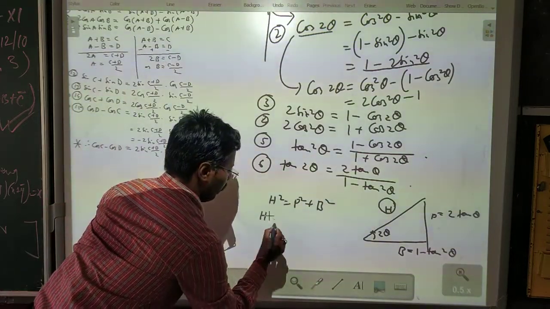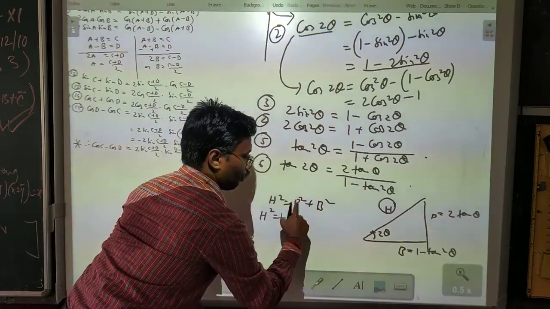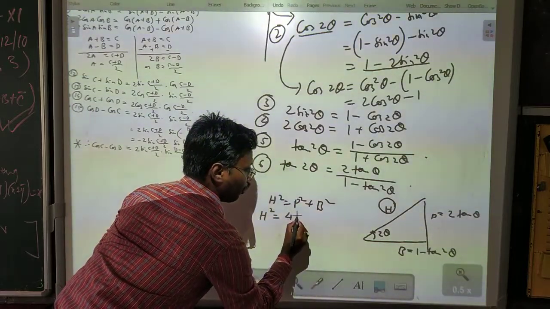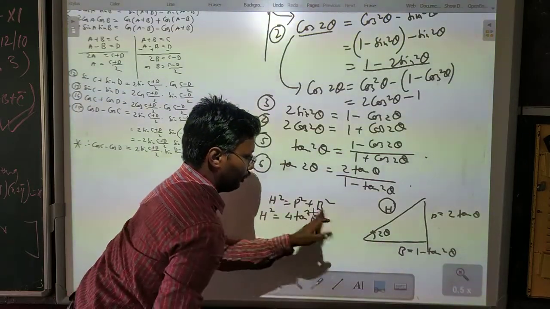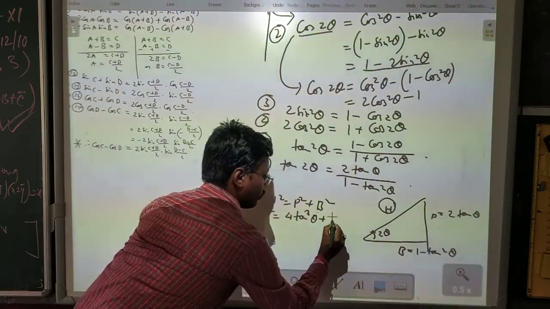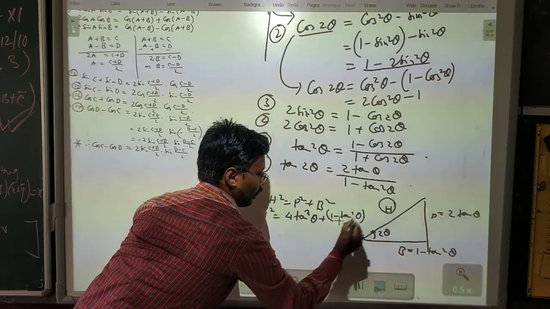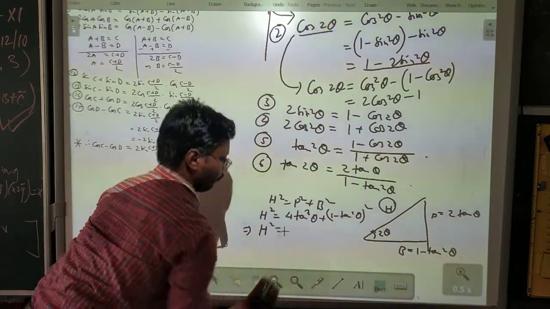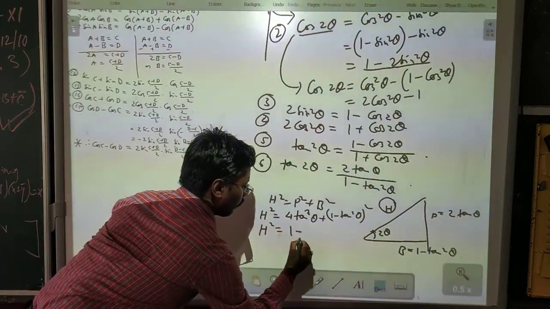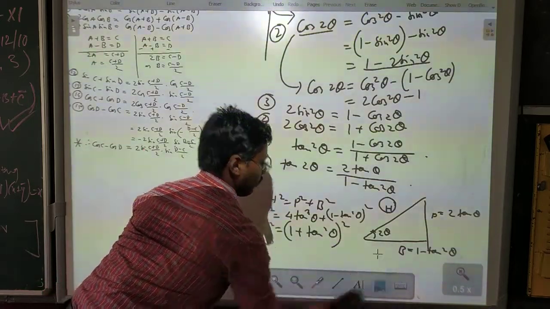So h square is 2 tan theta whole square, which is 4 tan square theta, plus b, which is 1 minus tan square theta, whole square. So h square is 1 plus tan square theta whole square.